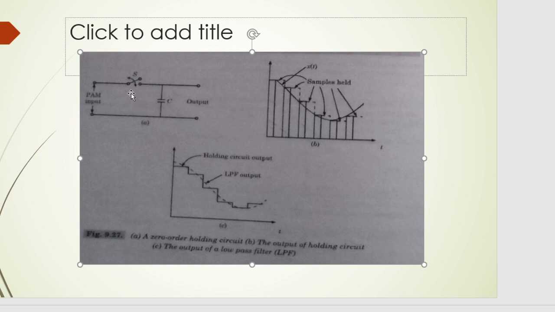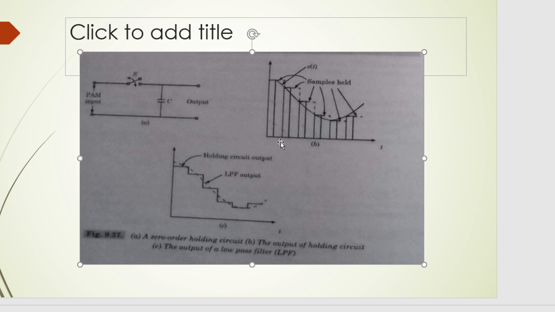At that time, the switch will be open. Since there is no path for the capacitor to discharge, the capacitor will hold the value, or it will retain the value up to which it has charged.